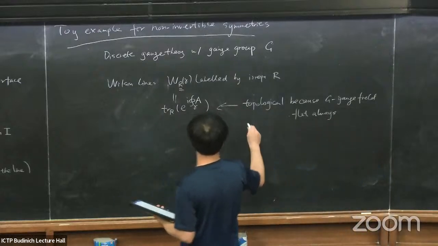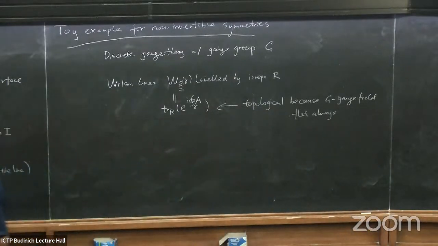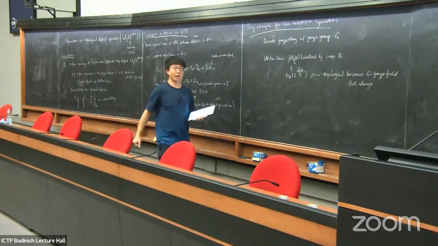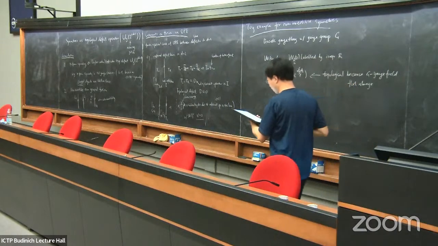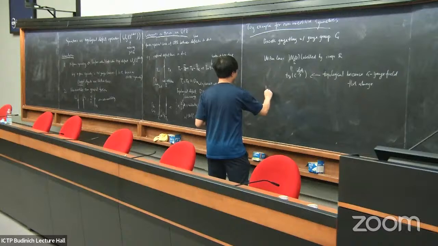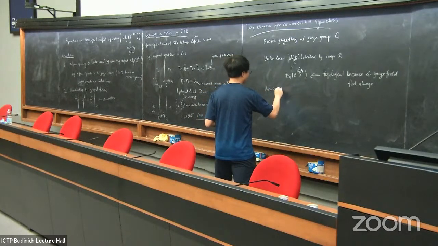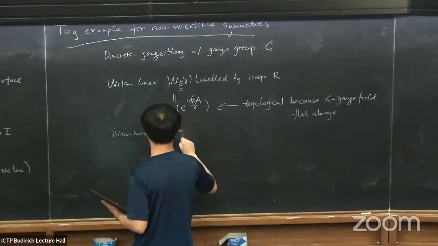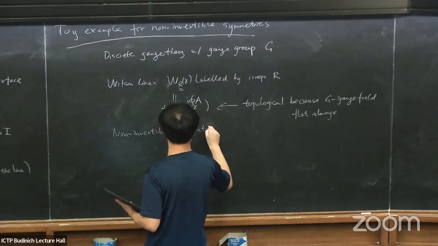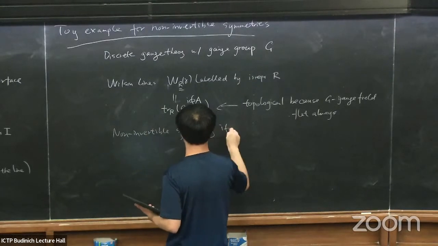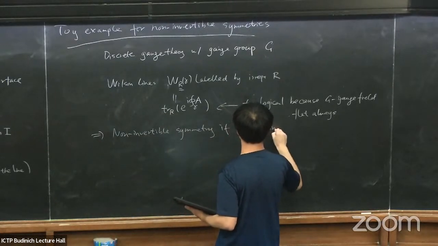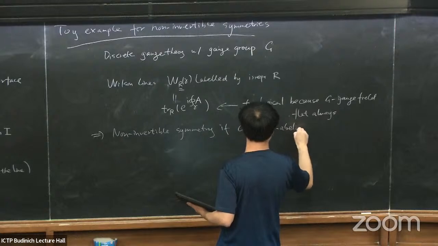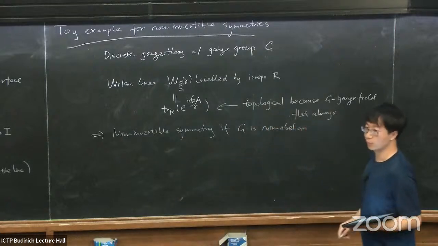As a consequence, this provides possible realizations of topological defect operators that we may interpret as symmetries. And they give rise to non-invertible symmetries if G is non-abelian. Okay. So what is the simplest?